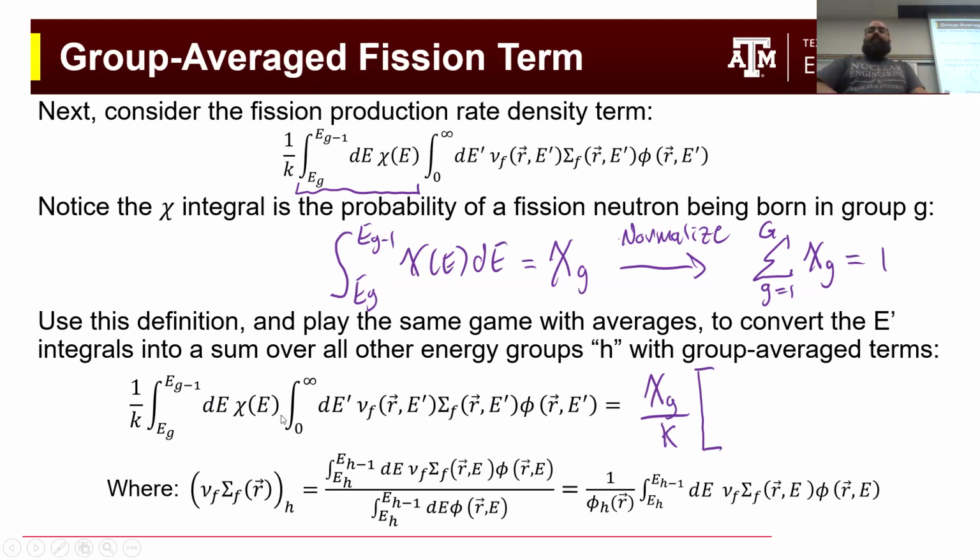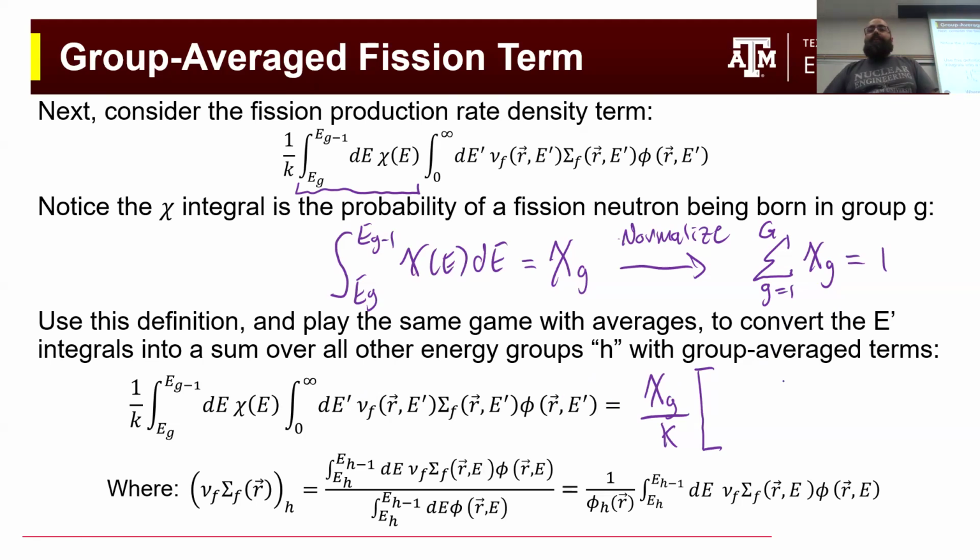The way that I'm going to tackle it is, instead of integrating from 0 to infinity, I'm going to do a sum. When we're integrating this, we're integrating over all other energies. That's what the E prime is. It's all other energies that I start with that feed into the group of interest, which is big E. So here, instead of having an integral, I'm going to have a sum.